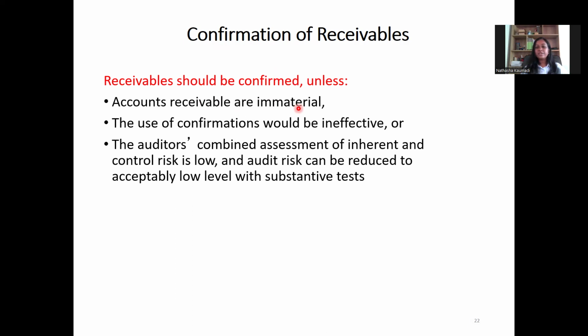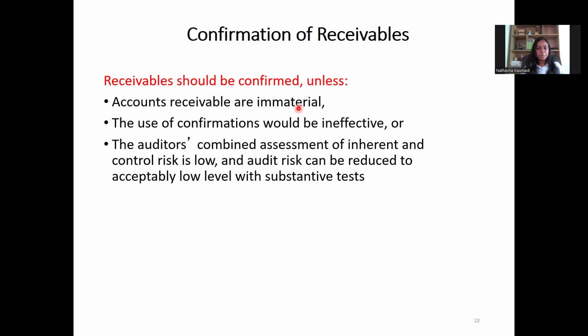No point of calling confirmations. That effort is useless; maybe you have other ways to confirm the balances. Or the use of confirmation would be ineffective. Even though you send the letters, there's a high chance the response rate would be very low. By experience, you know it is not effective.